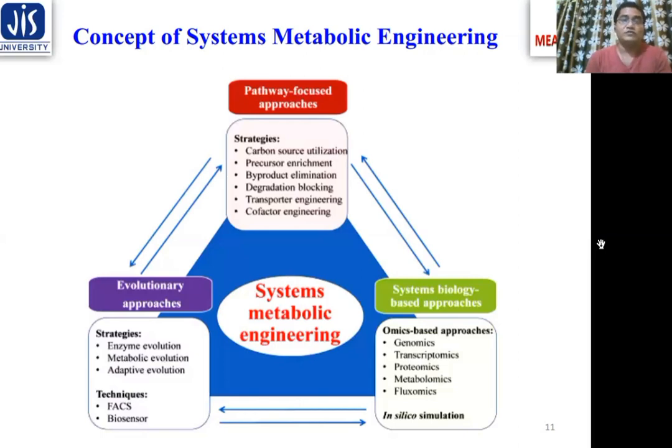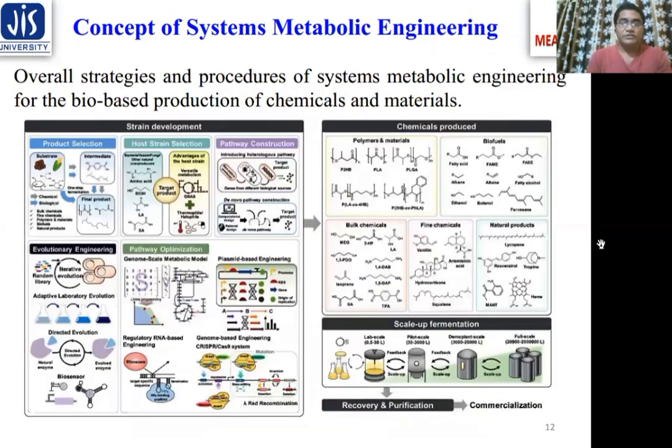These kinds of things you have to cross-check by validation experimentation as a follow-up study. So these are very, very complicated structures, I would say. This has been taken from a Nature paper. It shows the overall strategy and procedures involved in systems metabolic engineering for the bio-based production of chemicals or materials.